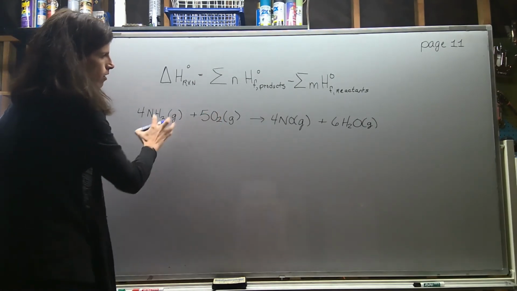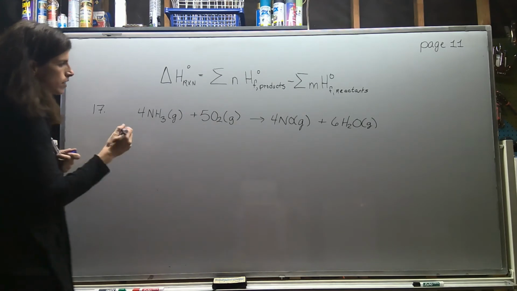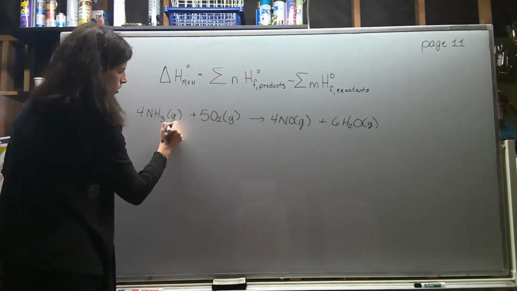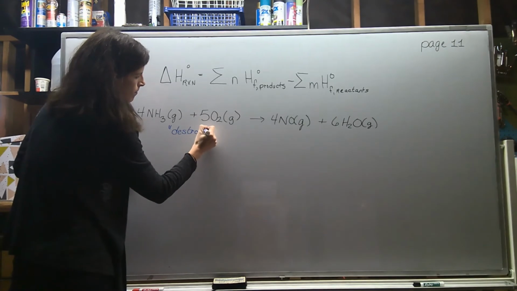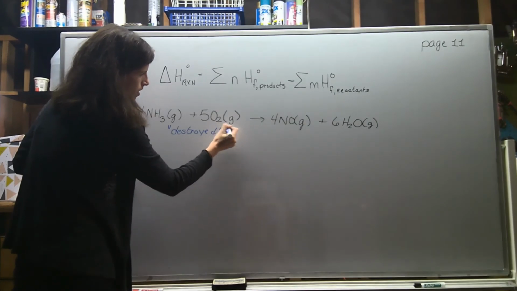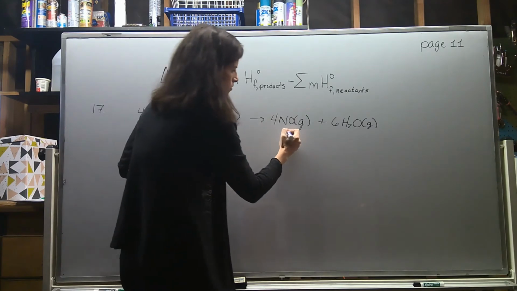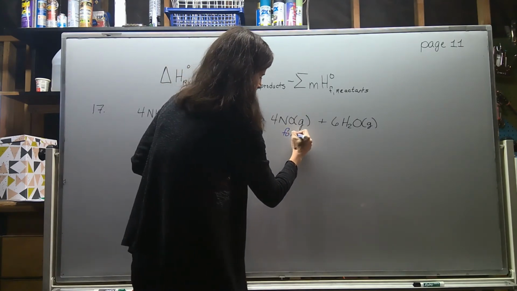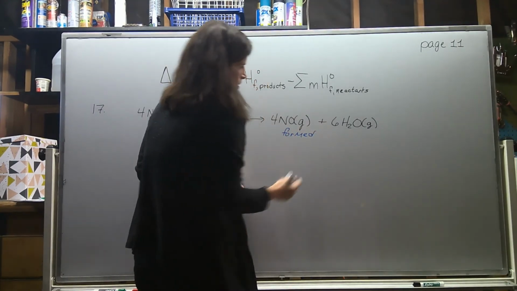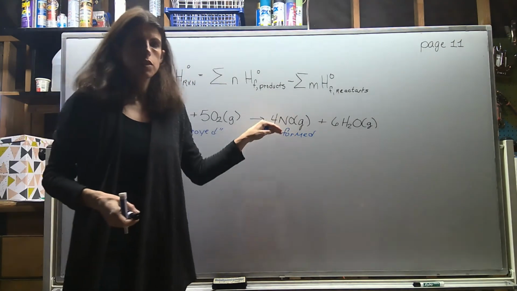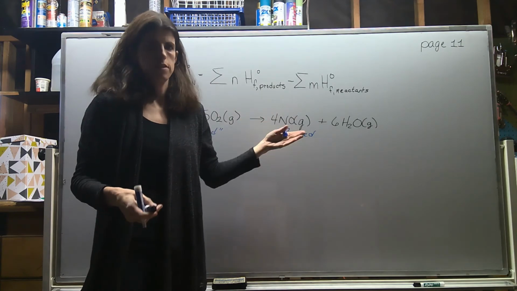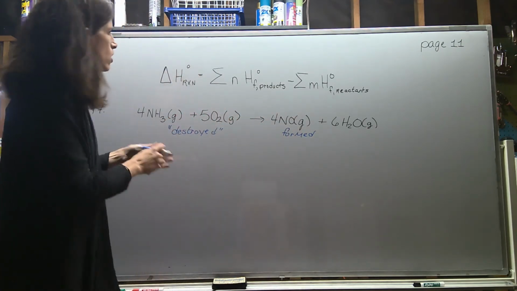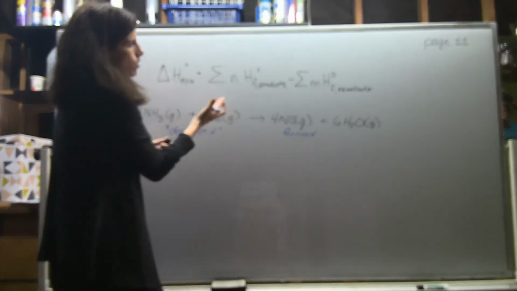And when we think about any kind of reaction, the reactants are being destroyed and the products are being formed. So because the products are being formed, I can use these values as is. I don't have to do anything to them. So that's what the first part of this equation is telling us.